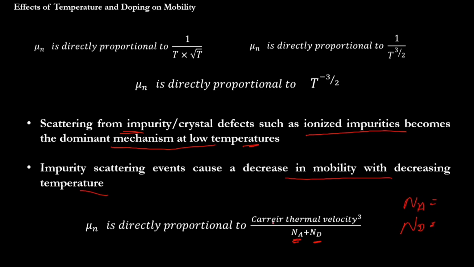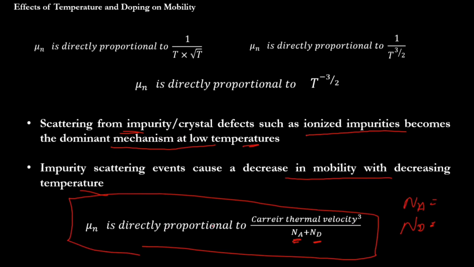The mobility is always inversely proportional to the number of impurities. If I add more impurity, mobility is going to reduce. That's why I have taken it in the denominator. So the final expression is that mobility is directly proportional to the cube of the carrier thermal velocity divided by Na plus Nd, which is the number of impurities.